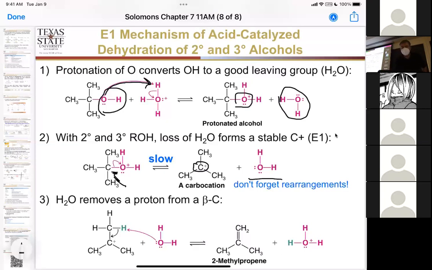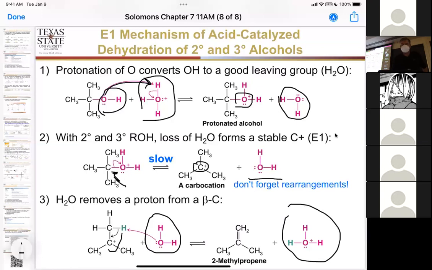Now once it's removed, our water here is going to act like a base. Hydronium acted like an acid up here, but we're going to use the water as a base to regenerate our hydronium ion and eliminate our carbocation, giving us our double bond. Okay, so this is why it's acid catalyzed. We regenerate the acid, the hydronium ion, at the end of the reaction.